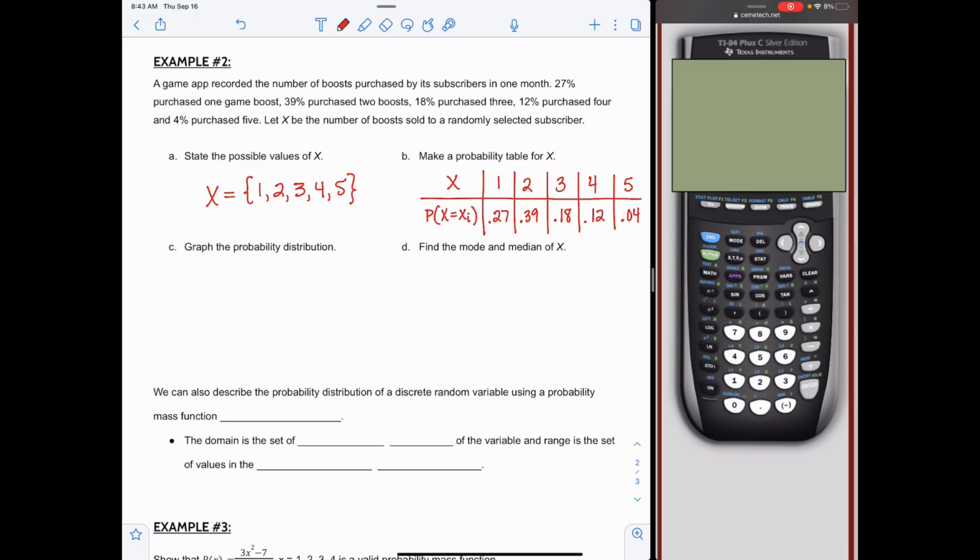So next they want us to graph the probability distribution. So I'm going to make my axis, and I know my y-axis is my probability. I'm going to make my x-axis, which is all the possible values. So we have 1 boost, 2, 3, 4, 5. So we have 5 boosts here.